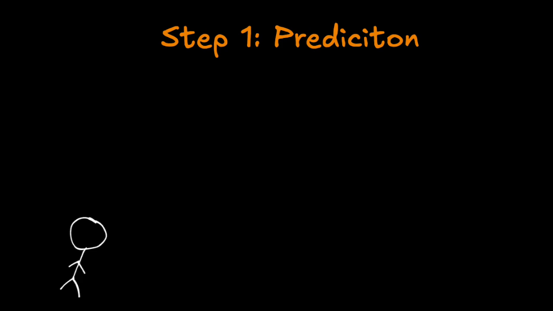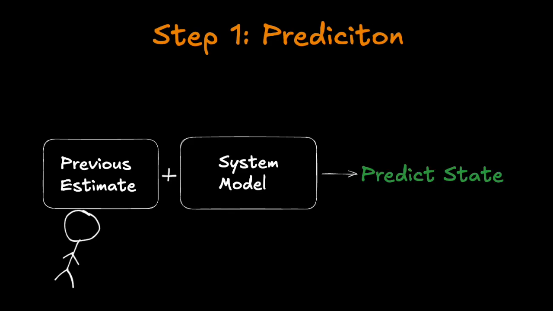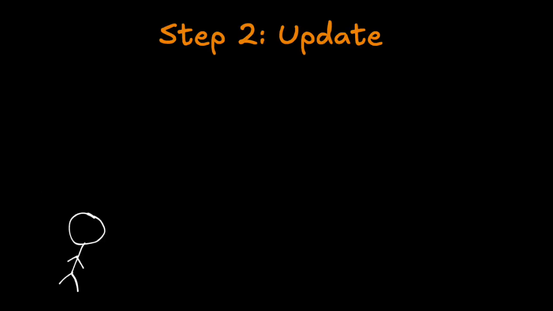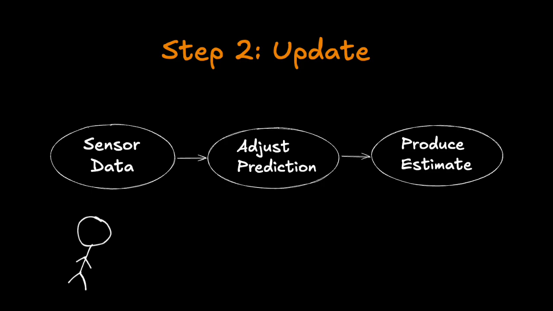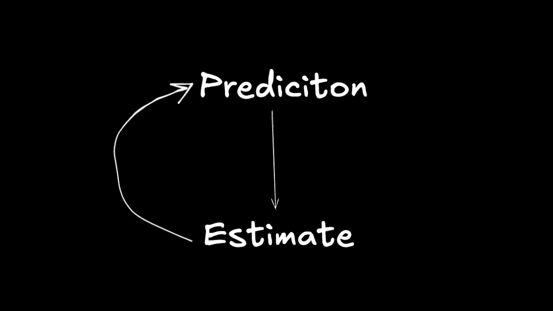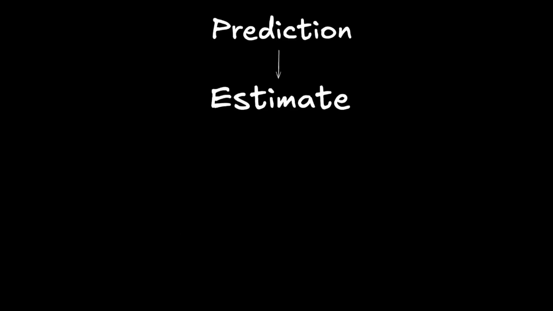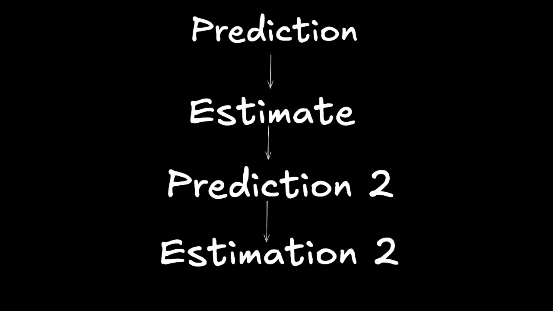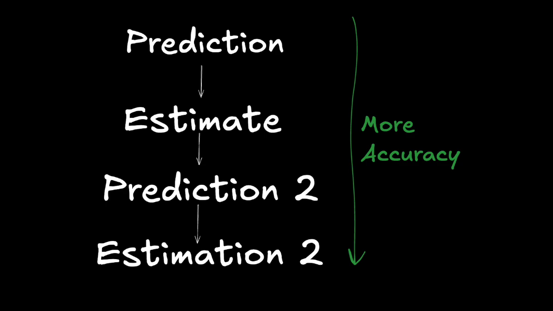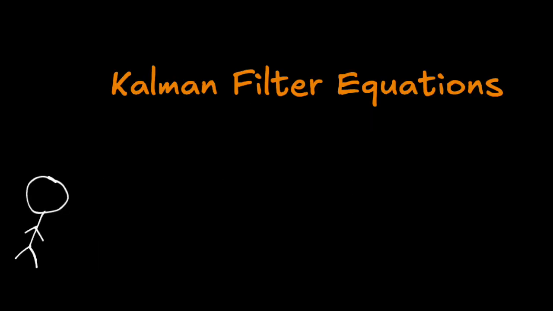The filter uses previous estimates and a mathematical model to predict where the system is now. Step 2 is the update step. It takes in new sensor data and adjusts its estimate to match reality more closely. By continuously refining its predictions and balancing trust between the model and new data, the Kalman filter improves its accuracy over time.